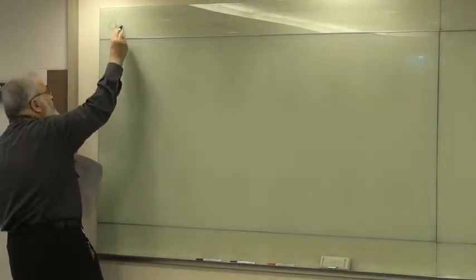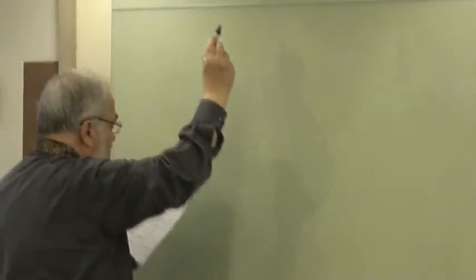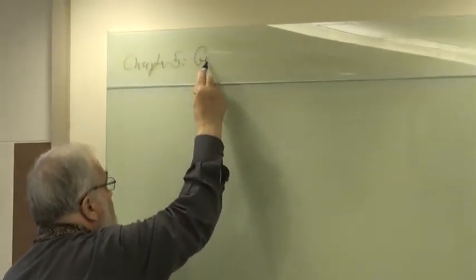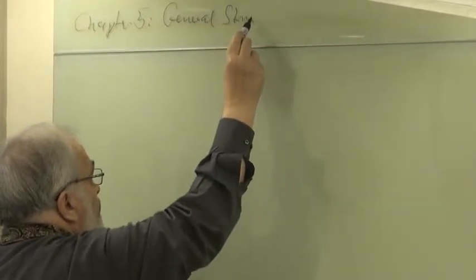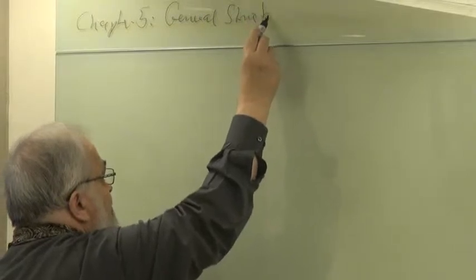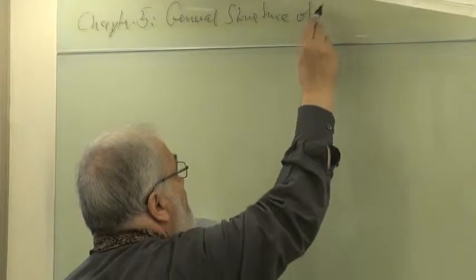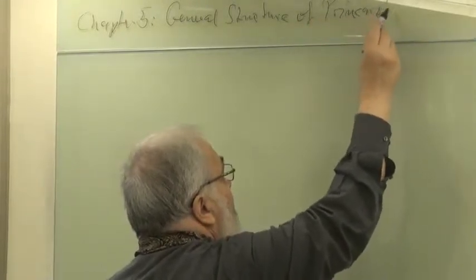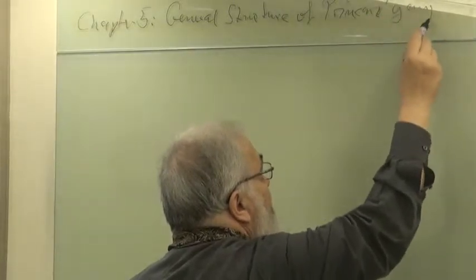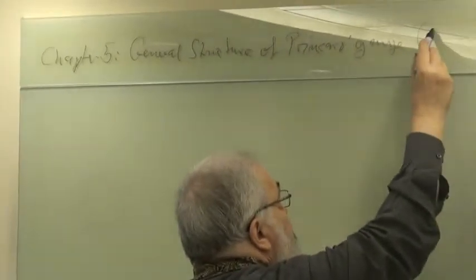So in chapter 5, this is according to what is also in our book, we have the general structure of Poincaré gauge theory, and in particular, including quadratic Lagrangians.